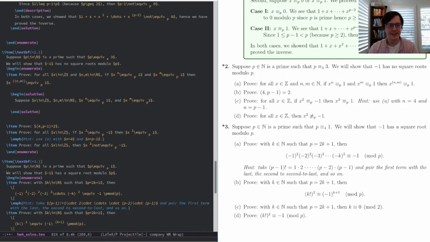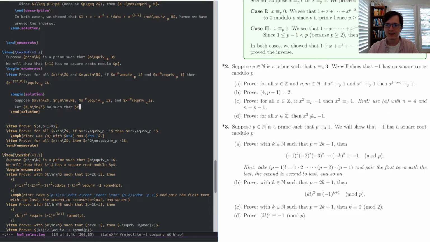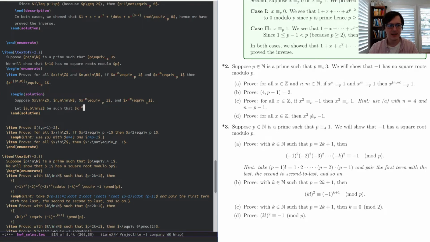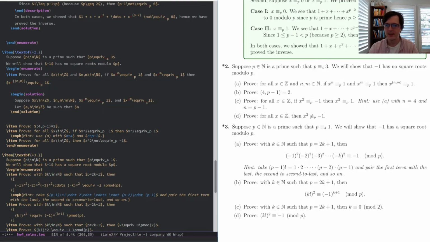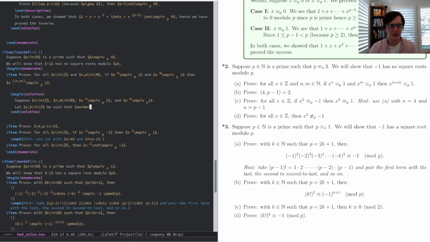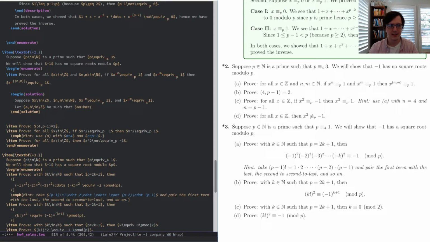Let's do Bezout's identity. That seems to be the solution, always. So let a and b in the integers be such that an plus bm equals... oh, no, not 1. The GCD.